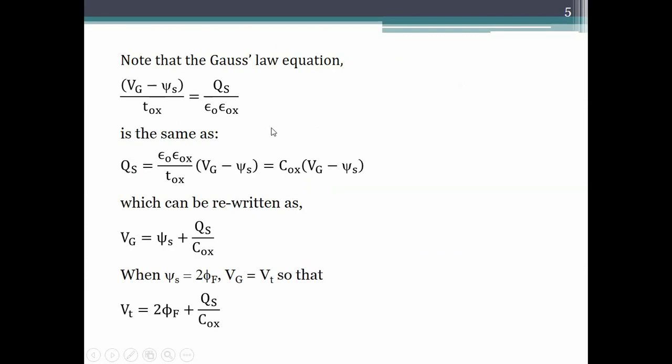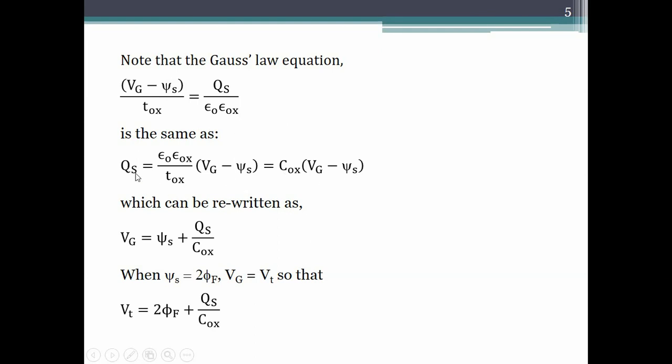Now this is the Gauss's law equation, but if we look at it carefully, we can rewrite this. If we take epsilon 0 epsilon ox to this side, then we get Qs is equal to epsilon 0 epsilon ox by Tox into (Vg minus psi s). This is nothing but the oxide capacitance per unit area. So Qs is equal to Cox into (Vg minus psi s).